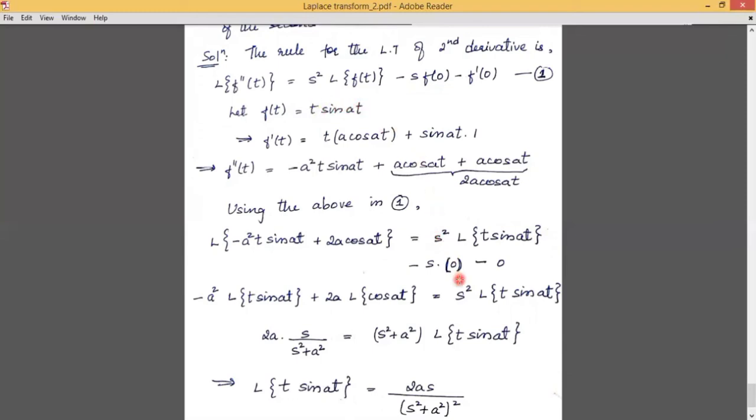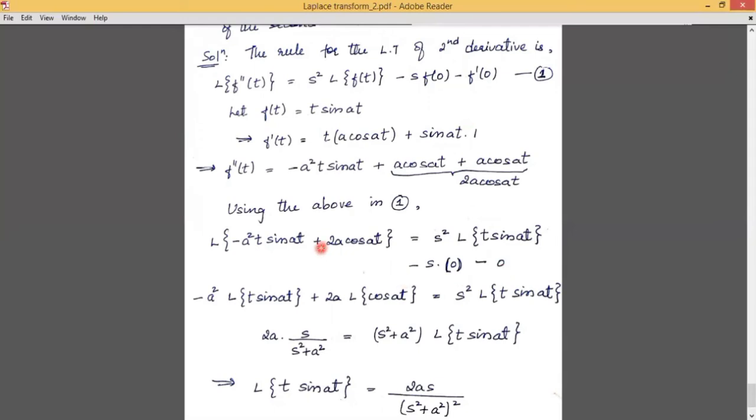And f dash of 0. Where is f dash of t? This is f dash of t. f dash of 0 here, see this t, if I substitute 0, this first term will vanish. And here if I substitute for t as 0, sin 0 will be 0. So f dash of 0 is 0.